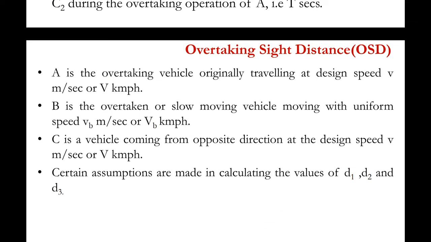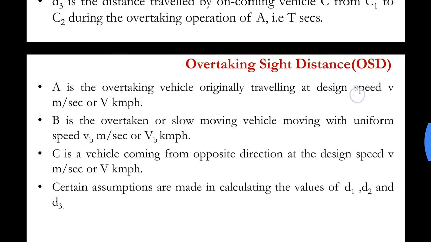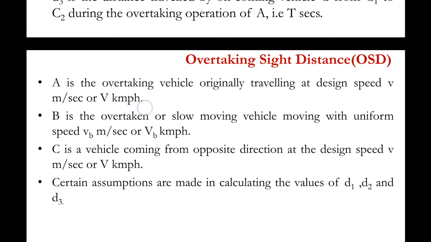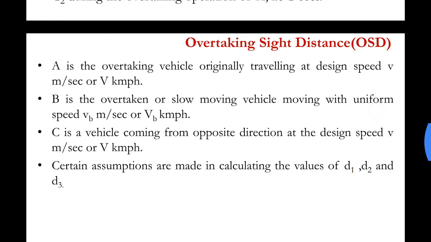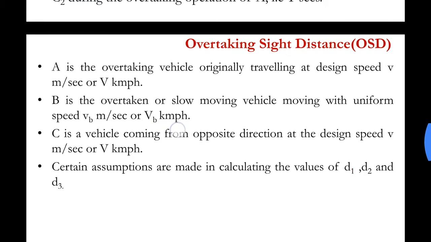Now, vehicle A is the overtaking vehicle, originally traveling at design speed v meters per second or capital V in kmph. B is the overtaken or slow moving vehicle moving with uniform speed Vb in meters per second or capital Vb in kmph.